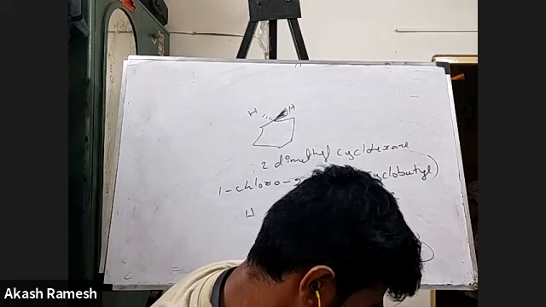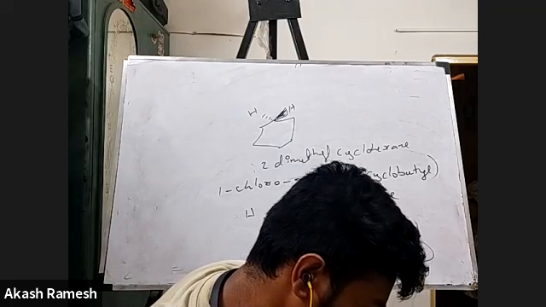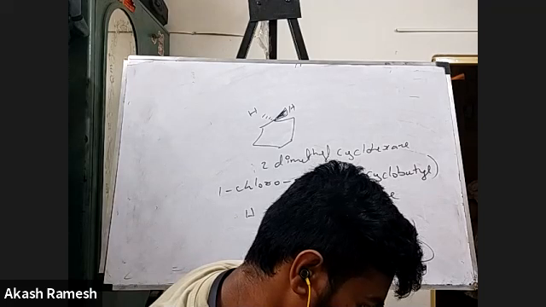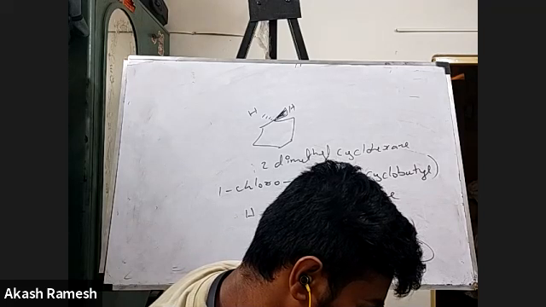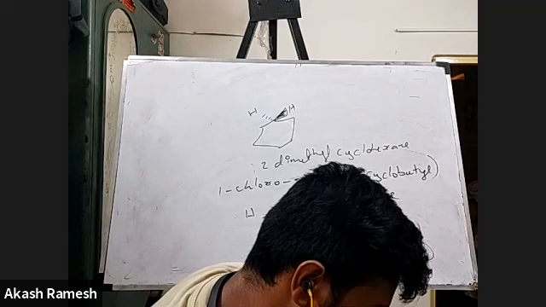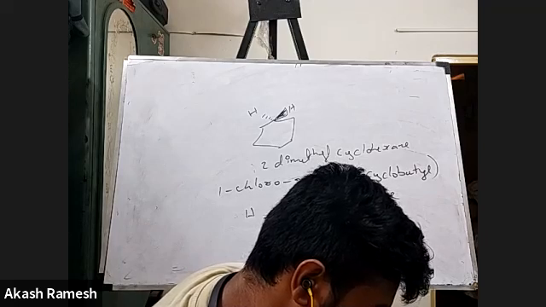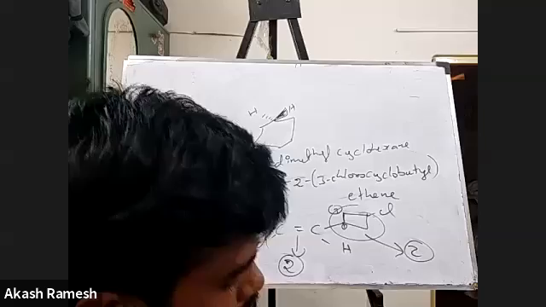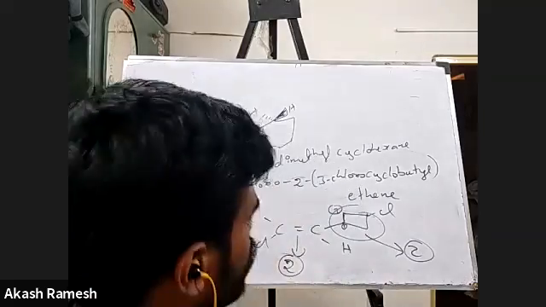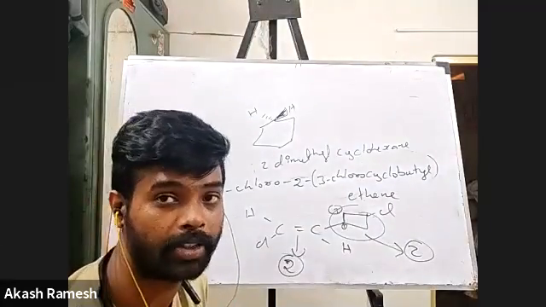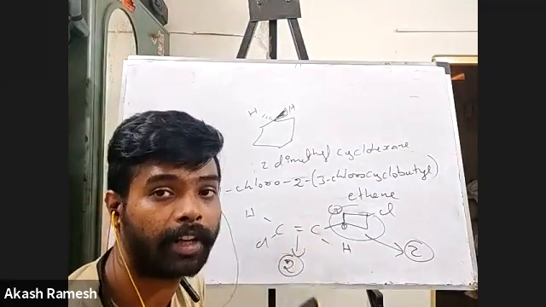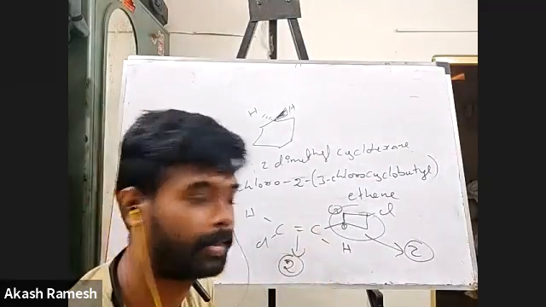We have done enough number of questions. Okay, cool. So people, that is about geometrical isomerism, right? So please understand that it is not only going to be in double bonds. I can even have that coming in ring structures, right? Cool.